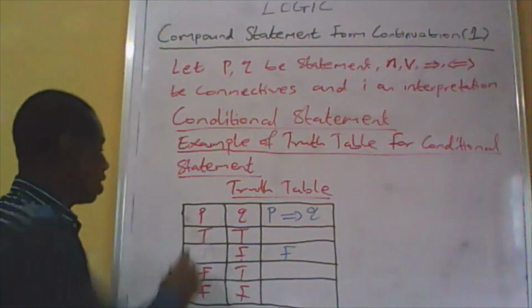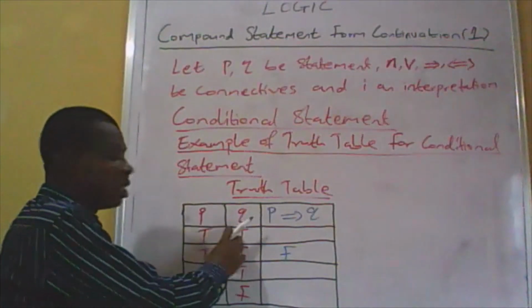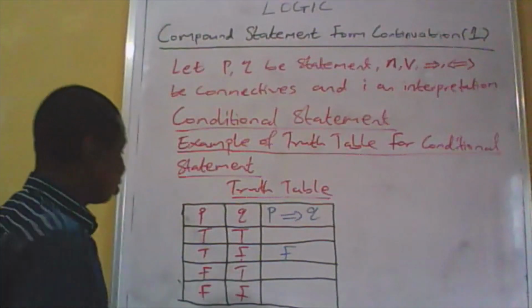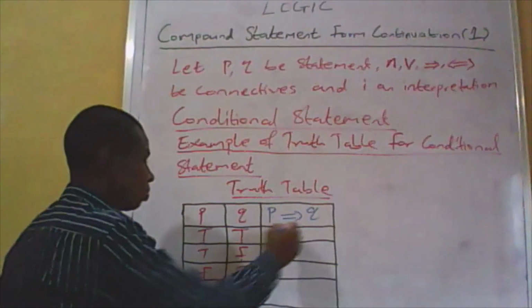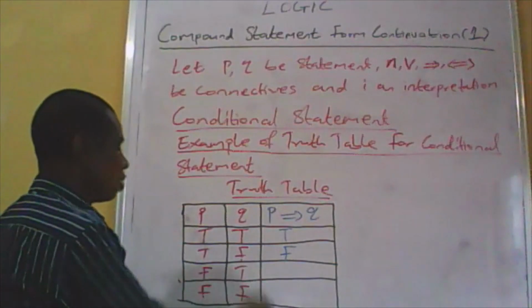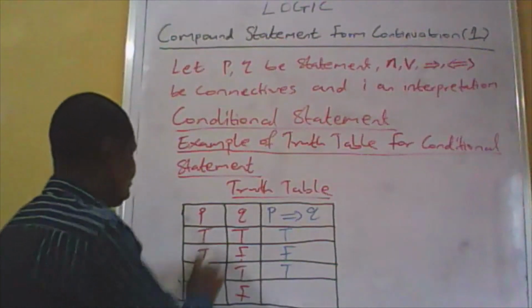Otherwise, T and T will give us true. F and T will give us true. That means F implies T is true.